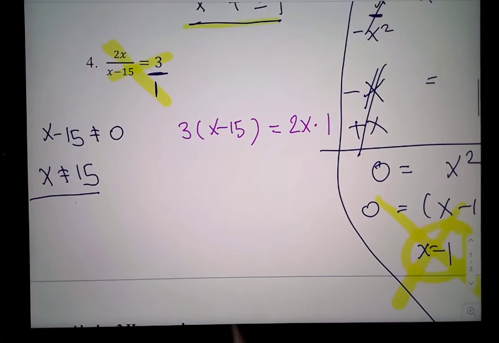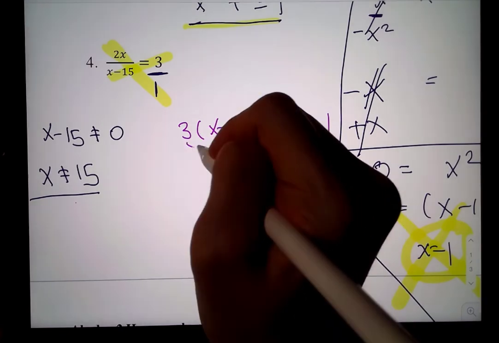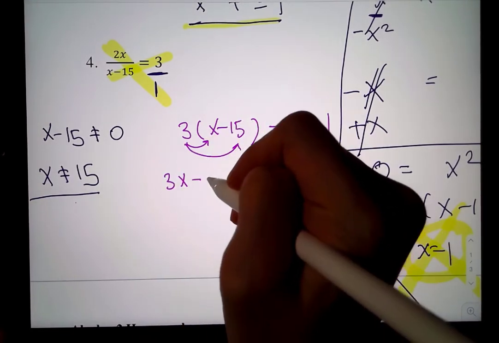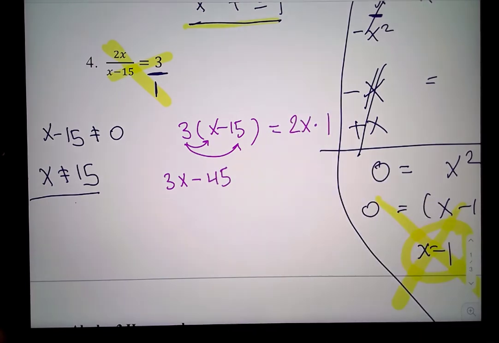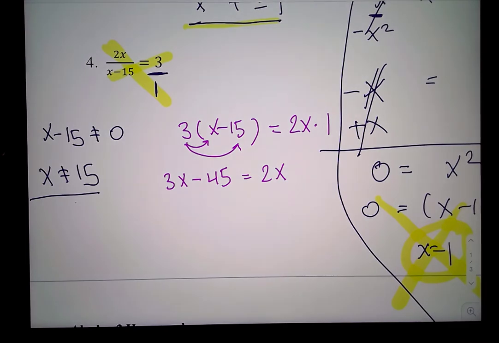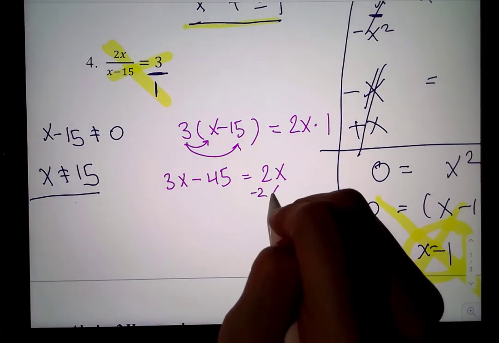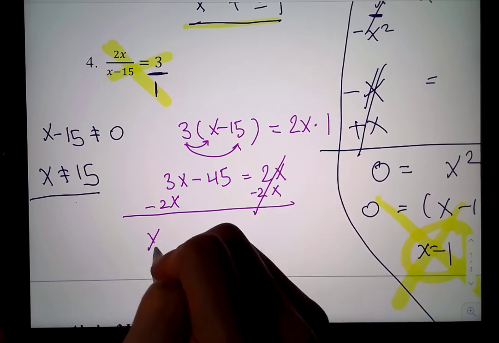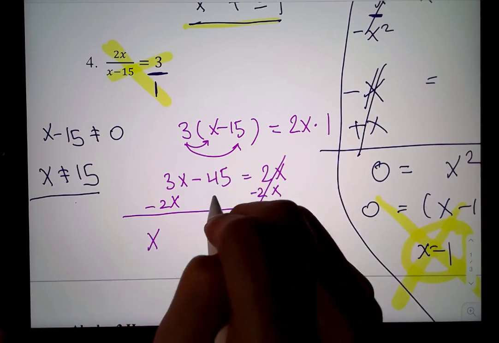Okay? And then distribute this and this, then you get 3x minus 45, right? That equals 2x. Combine x together, minus 2x, minus 2x. Then you get x minus 45, so let me get rid of this.